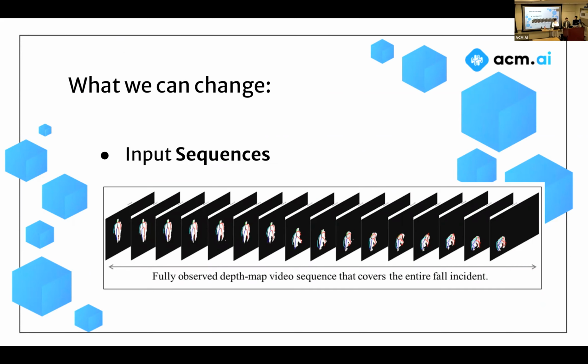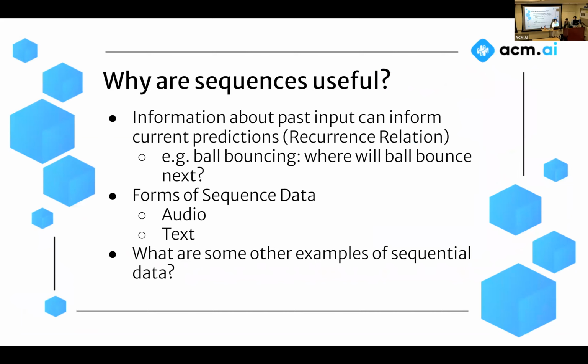However, when we're dealing with things such as a video, or a clip of somebody talking, the order that we process the data is going to have a big impact on our output. And we need a model that is able to properly process this type of data, which is where RNNs come in.